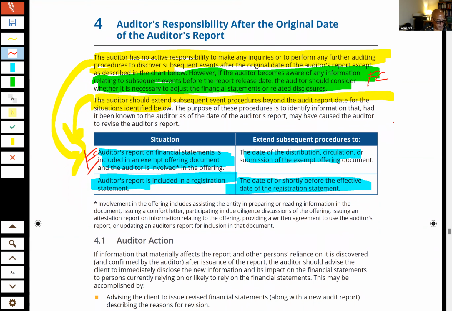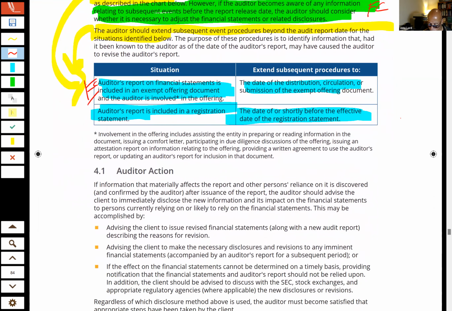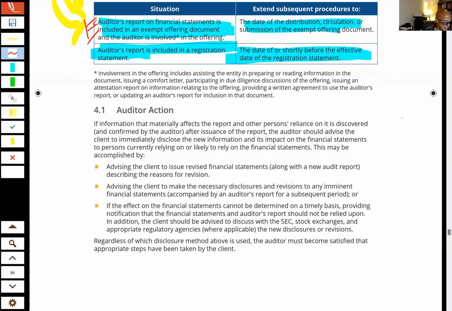Then you do need to consider whether you require financial statement revision, adjustment, or some disclosure. Okay. Now, let's say you have already issued the report. So now the report's on the street, and you find out there's something that should have been disclosed or adjusted in the financial statements.